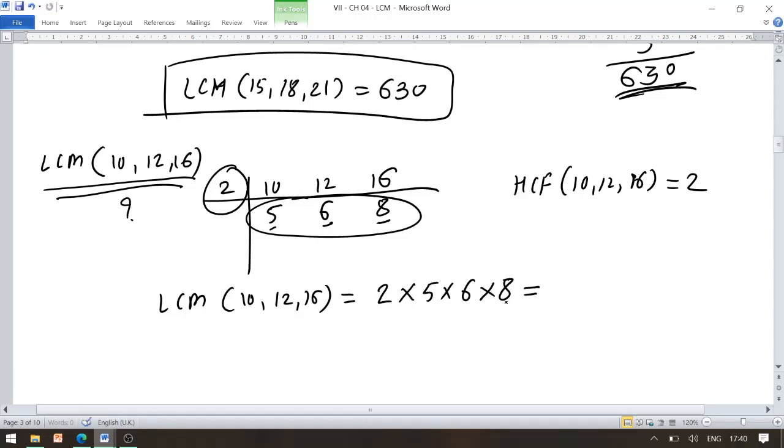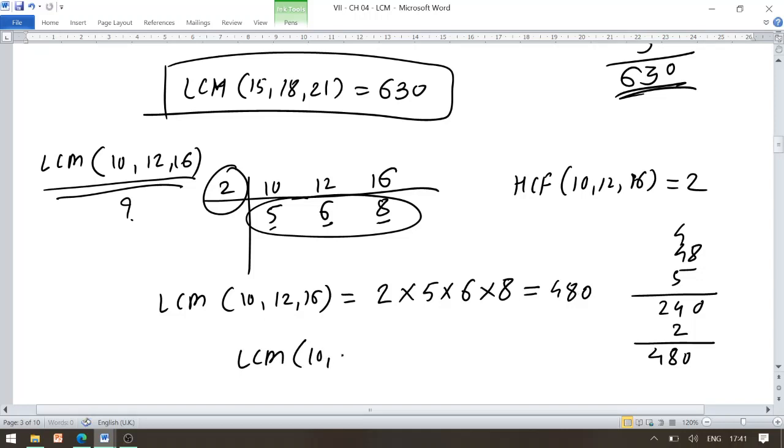So 6 eights are 48, 48 fives are, 8 fives are 40, carry 4, 20 plus 4 we have 24, and 24 twos are we have 480. Or we may say the LCM of 10, 12 and 16 becomes 480.